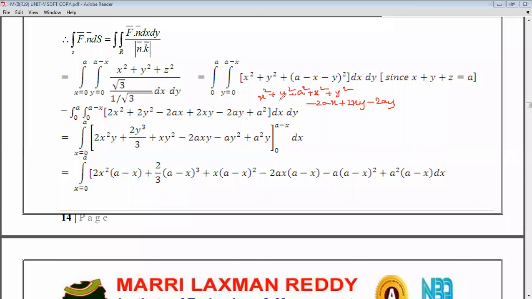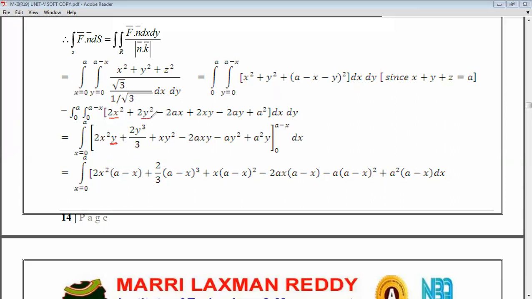If you observe, here x square and here x square, so that is 2x square. And next y square and here also y square, that is 2y square. The remaining terms are minus 2ax, plus 2xy, minus 2ay and plus a square. Like that we got. Now first we need to apply integration with respect to y. With respect to y, 2x square is a constant as it is, and the integral of dy is y.